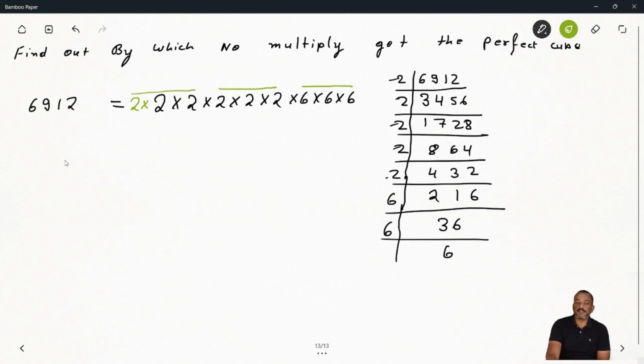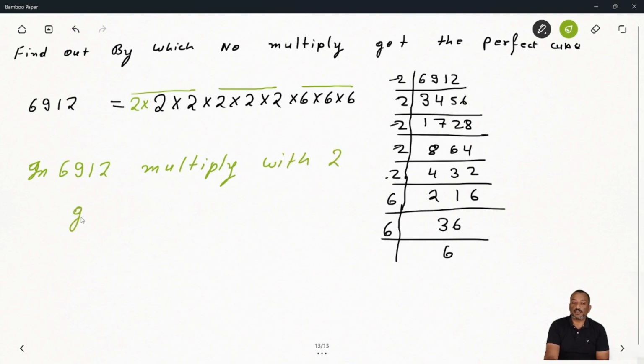So which means here we can write 6,912 multiplied with 2 gives a perfect cube. Okay, so you can see based on that.